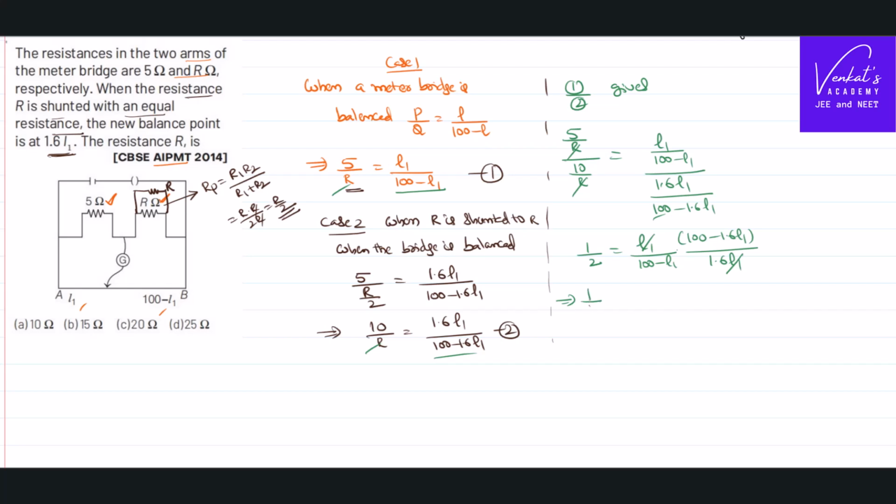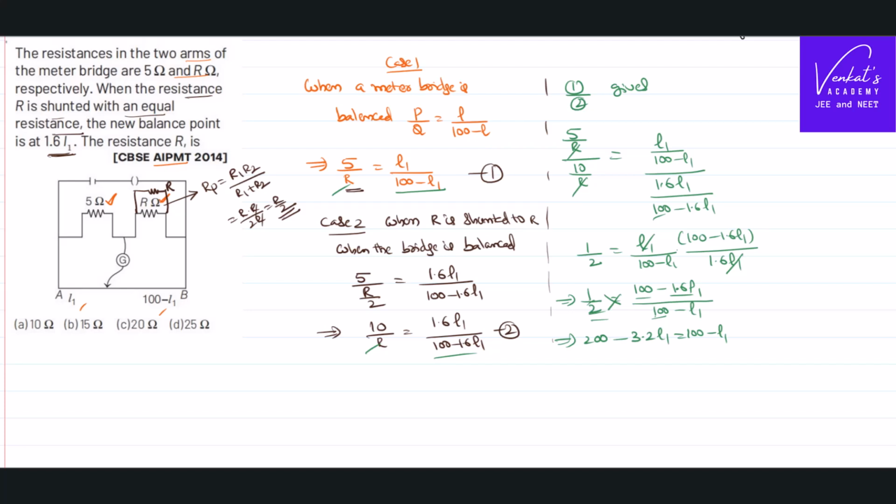What is remaining is 1 by 2 equals 100 minus 1.6 times L1 by 100 minus L1. Let us cross multiply this. 2 into 100 is 200, 2 into 1.6 is 3.2 times L1, equals 100 minus L1.